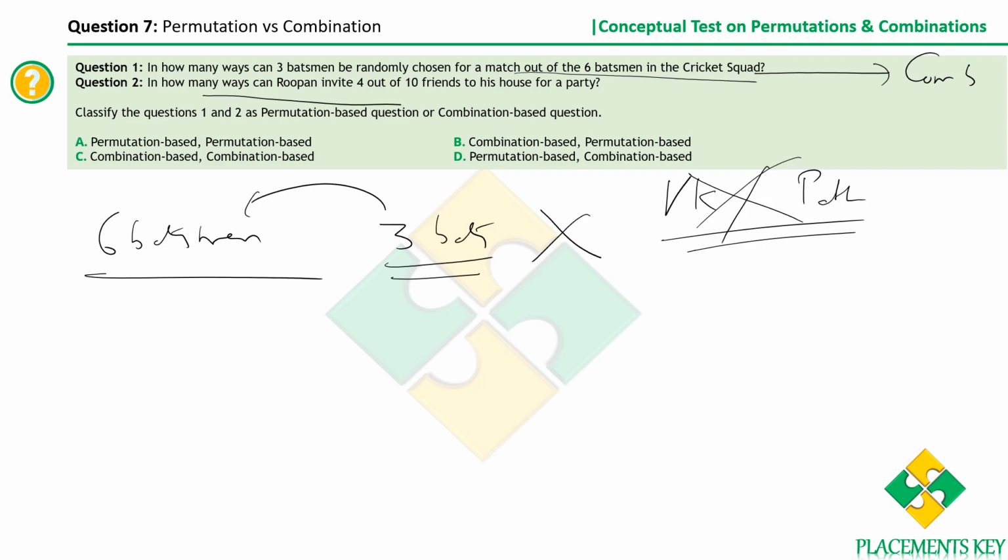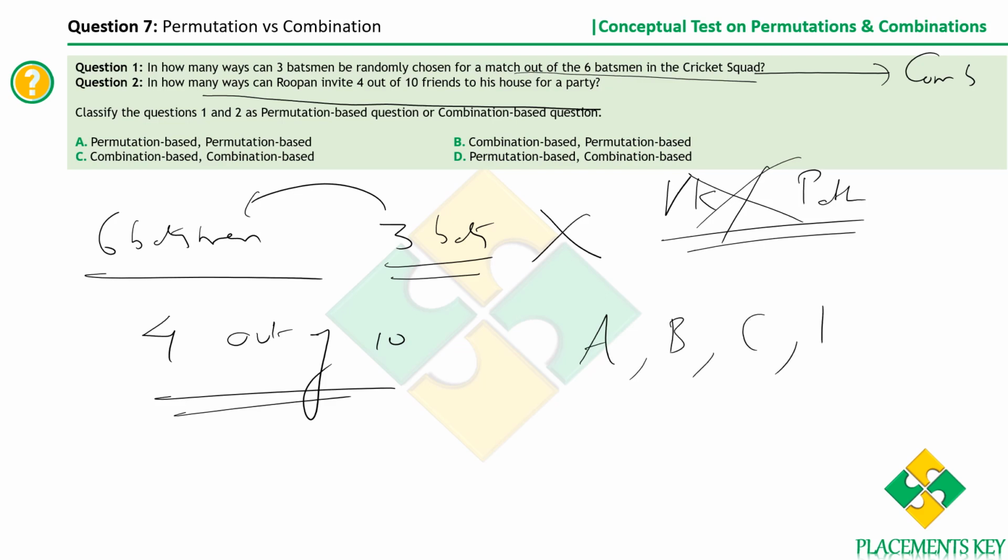In how many ways can Rupan invite 4 friends out of 10 friends? He has to invite 4 out of 10. Now think about it, for a birthday party. Does it really matter if you invite A first or B first or C first or D first? You don't really plan that way, right? Finally, you want to invite just 4 friends out of 10 friends. So in which order you call them doesn't really matter with no constraints involved.